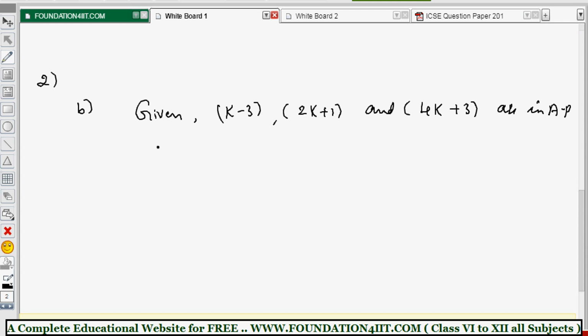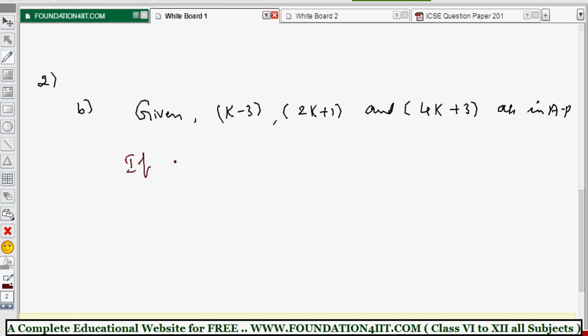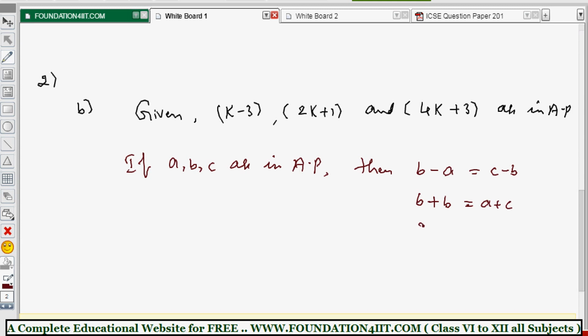If A, B, C are in AP, then B minus A is equal to C minus B. So the difference B minus A is equal to C minus B. If we simplify, take B to this side, plus B, and minus A to the right side, A plus C. So finally 2B is equal to A plus C, then B is equal to (A plus C) by 2.